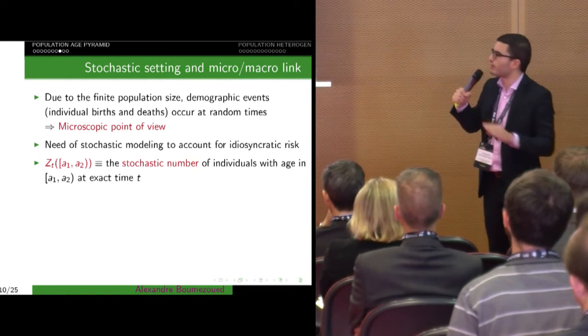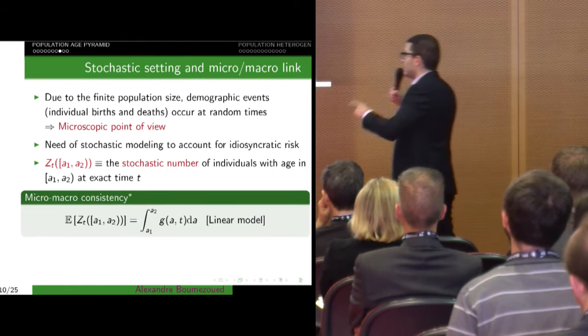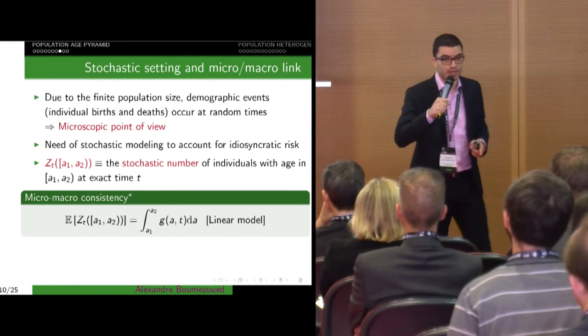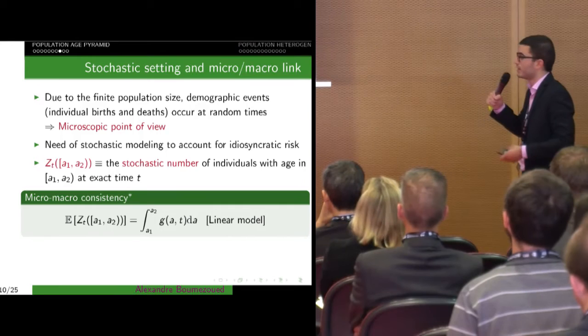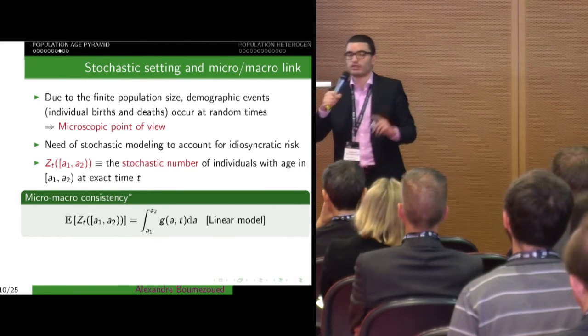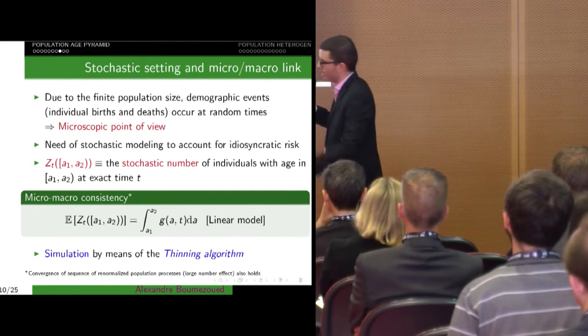But in fact, there are strong reasons, and it was in the talk by Nicole, to think that individual death and birth rates depend on the whole population itself. It is a well-known demographic fact, and in this case, the average is not well described by the deterministic equation. I don't go into details, but it is a very, very important point.